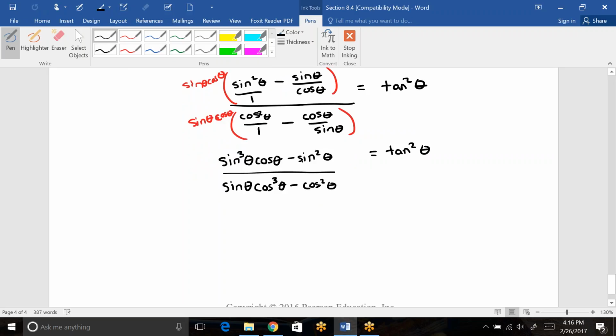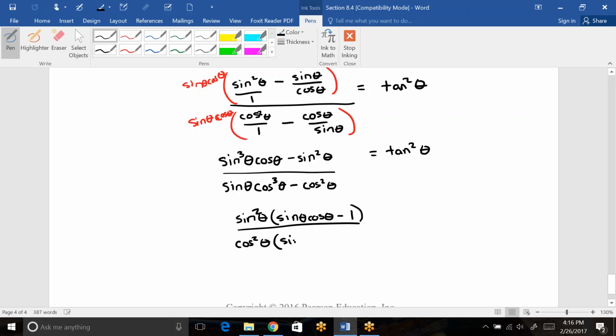Now, why that's a little bit helpful is I can pull out a sine theta on top, because they have that in common. That would leave me with sine theta cosine theta minus 1. Oh, I'm going to pull out a sine squared. Sorry, they both have at least 2. And then on the bottom I can pull out at least a cosine squared theta.